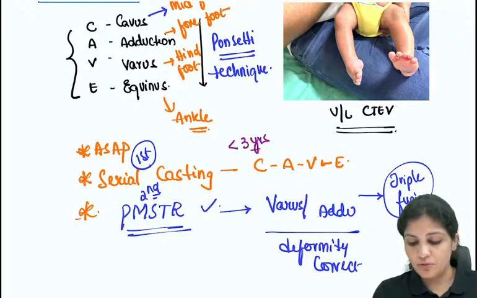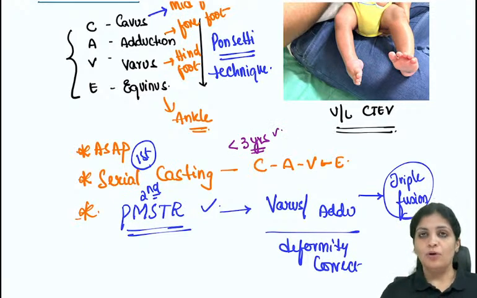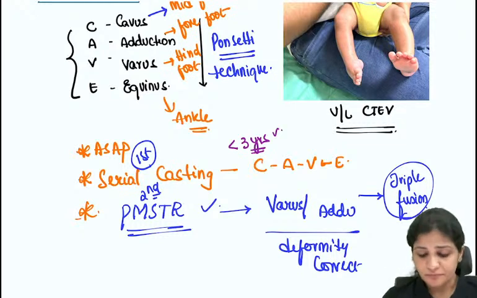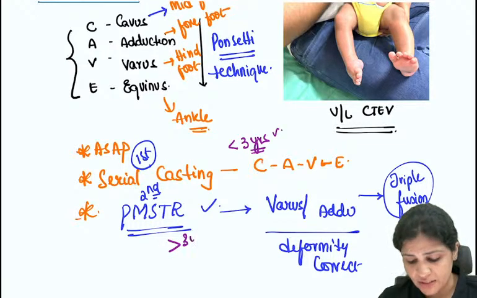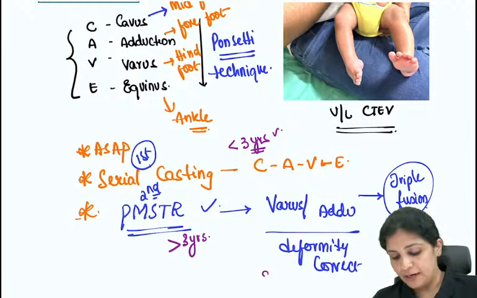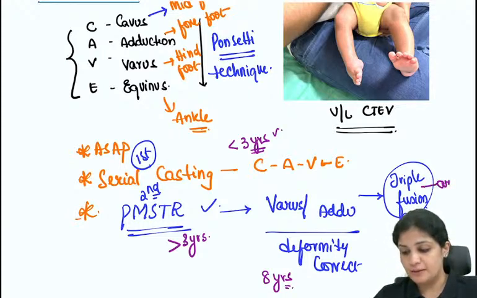You go for soft tissue release when the patient is about 3 years of age, and this can be done up to 8 years. Then at 11 years, triple fusion, triple arthrodesis.